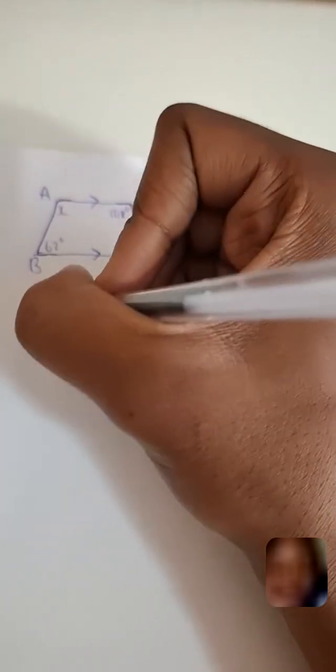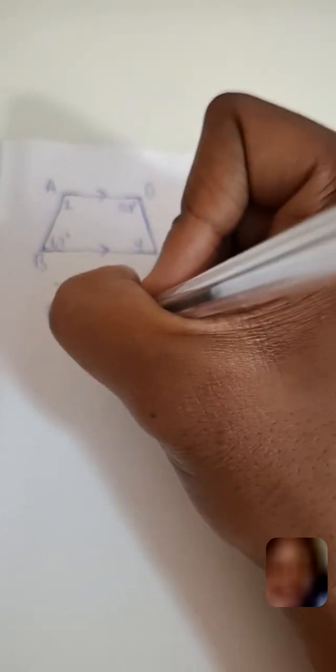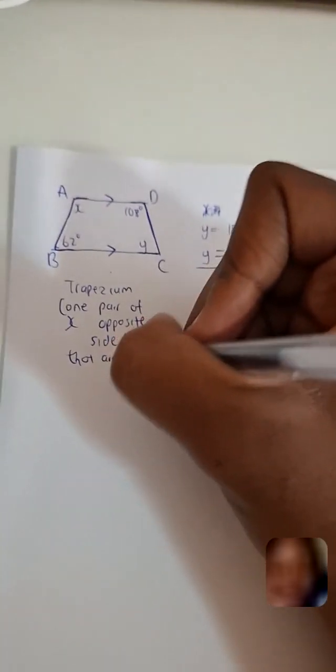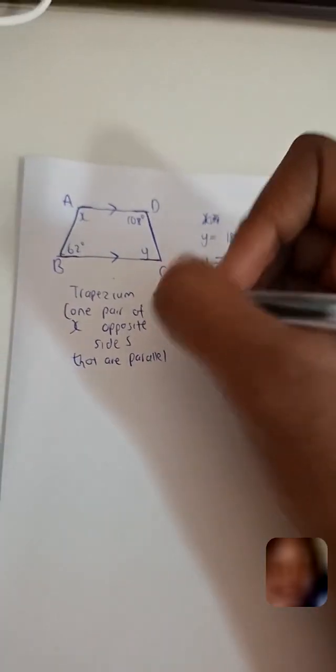And we know that the distinguishing property about a trapezium is that it's got one pair of opposite sides that are parallel. So very, very crucial and critical, that understanding. Kia, well done.